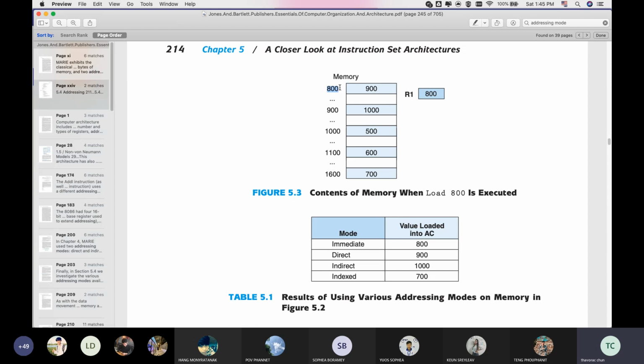Here, 800 is the effective address. That means that when you run the instruction load 800, the value that will be copied to the accumulator is 900. That's why in the direct addressing mode, you will have 900 inside the accumulator. All right? Any question?